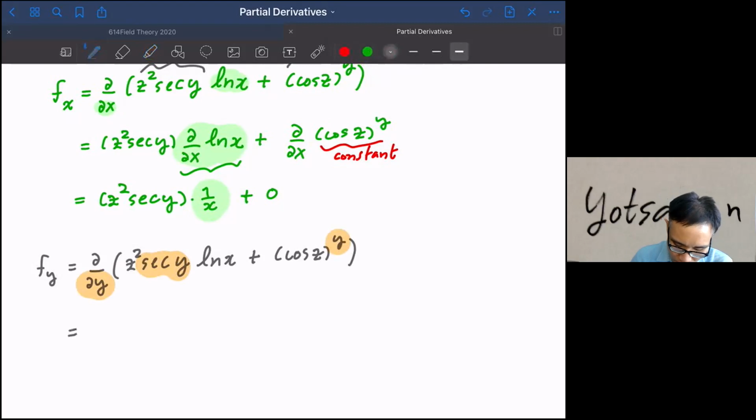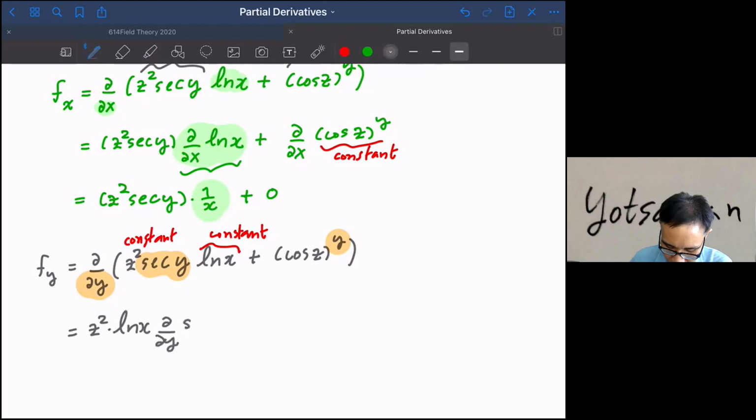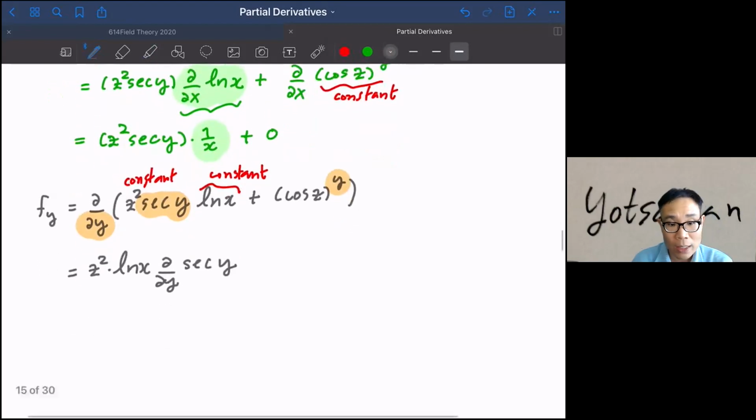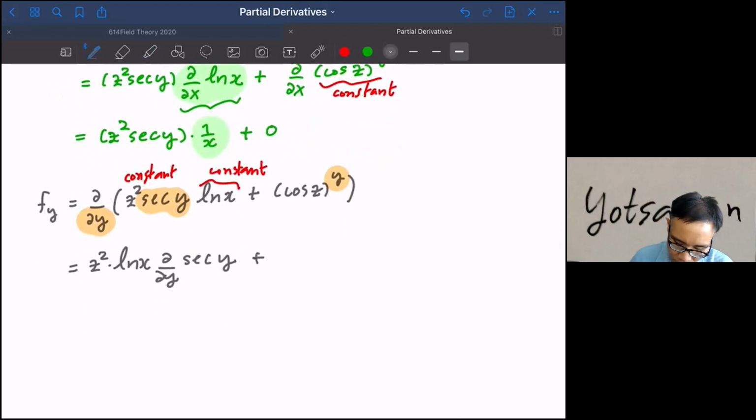For the first term, you have constant z square and constant log x, so you have z square log x, and the dy of secant y.